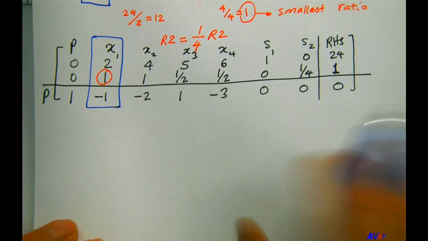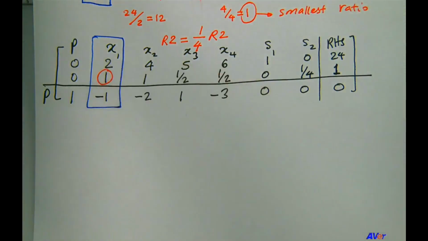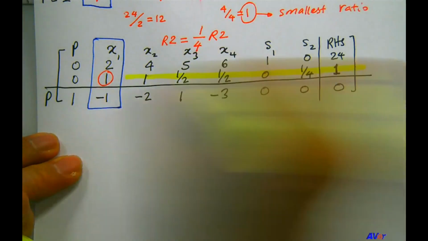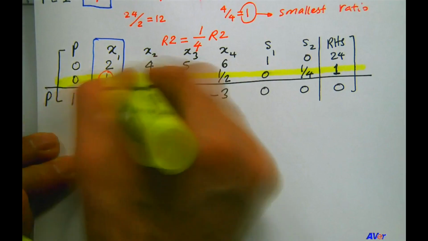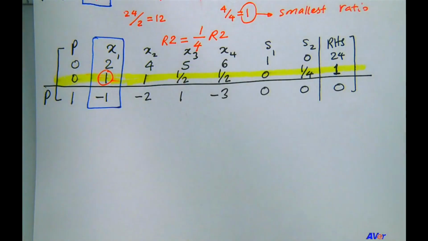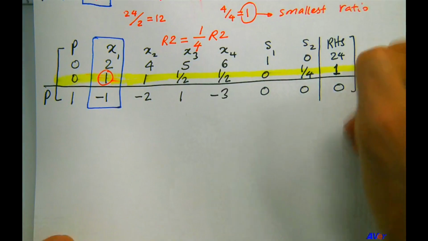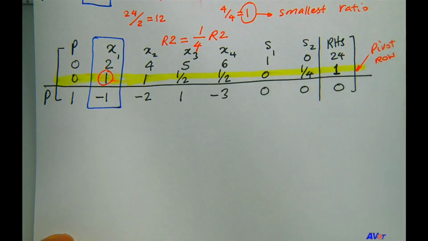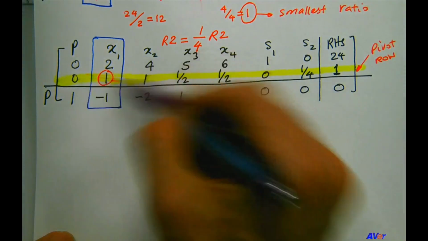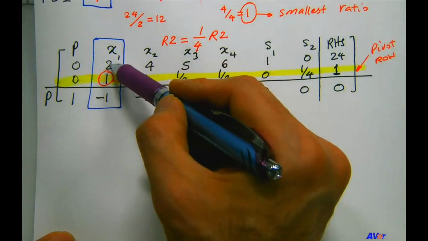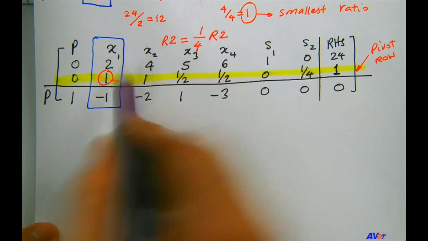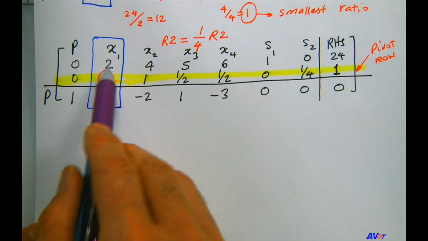Now that we have the pivot element converted to 1, let me just highlight the pivot row. We know that the second row is the pivot row. Let me mark it like that. And we know why it's important, right? Because we're going to need to use the second row to convert the 2 and negative 1 in the pivot column to 0, right?